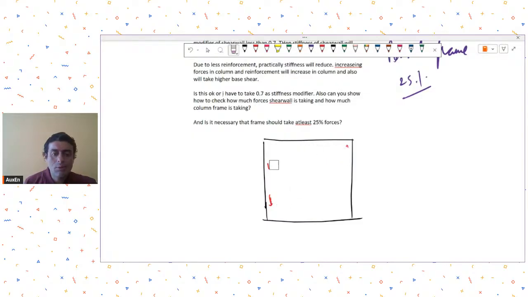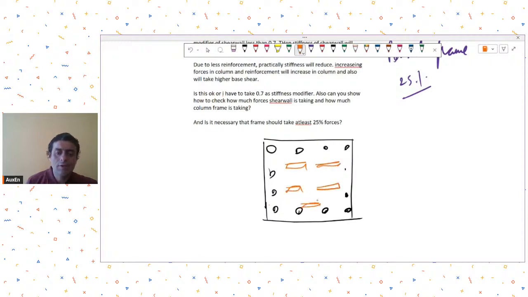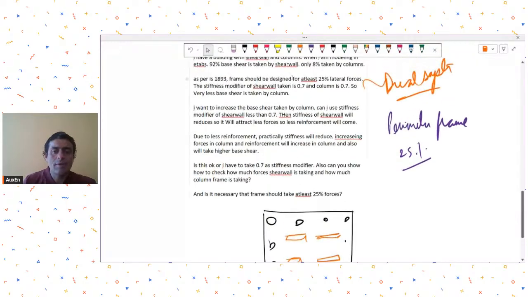One is the overturning moment, one is the base shear. So base shear will be taken very less by the columns because of very small cross sectional area. It offers very less stiffness. So majority of the base shear will be taken by walls, as is your case also, that 92% is being taken by walls and only 8% is being taken by columns.